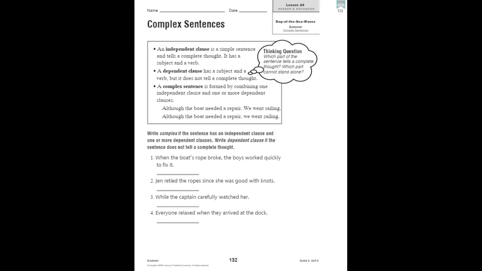Now it's your turn to continue to practice complex sentences and subordinating conjunctions. You are going to find extra practice in your reader's notebook. Page 132 is the complex sentences, where you will write complex or dependent based on if the sentence has the independent clause and one or more dependent, or if it doesn't tell a complete thought, then it would be dependent.